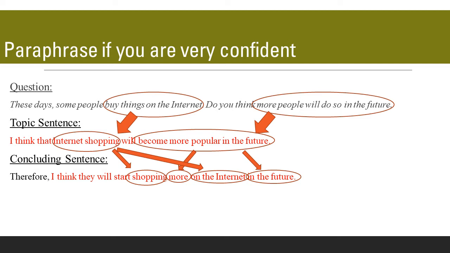Likewise, more people will do so in the future from the question becomes, in the topic sentence, become more popular in the future, and become more popular in the future in the concluding sentence just becomes more in the future. So it's a bit separated, the words have changed. Again, only do this if you're very confident about the paraphrase.